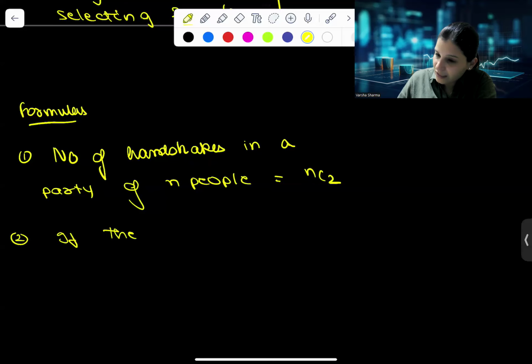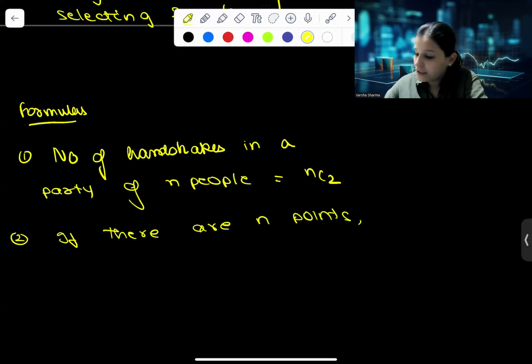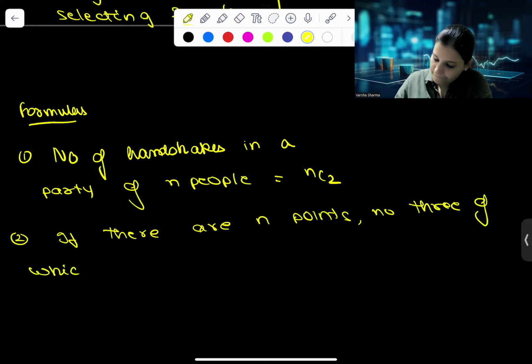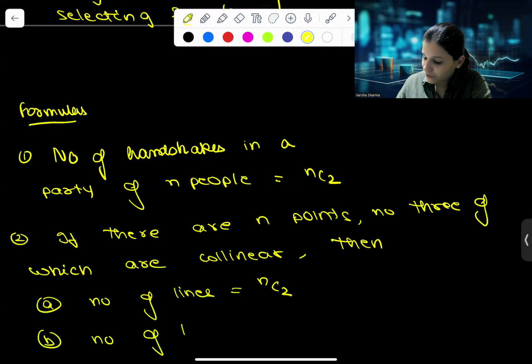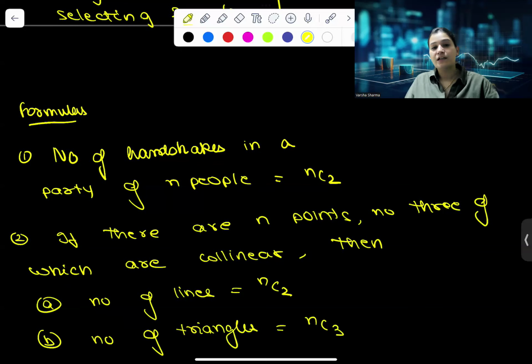If there are n points, in the normal scenario, no three of which are collinear, then the number of lines would be NC2. The number of triangles would be NC3. The number of lines would be NC2 and the number of triangles would be NC3.